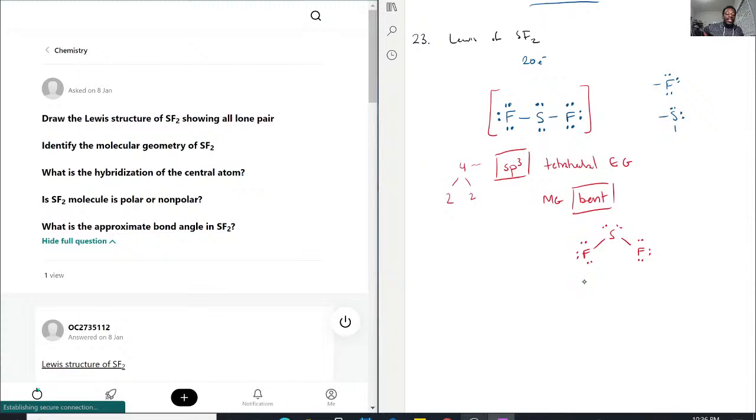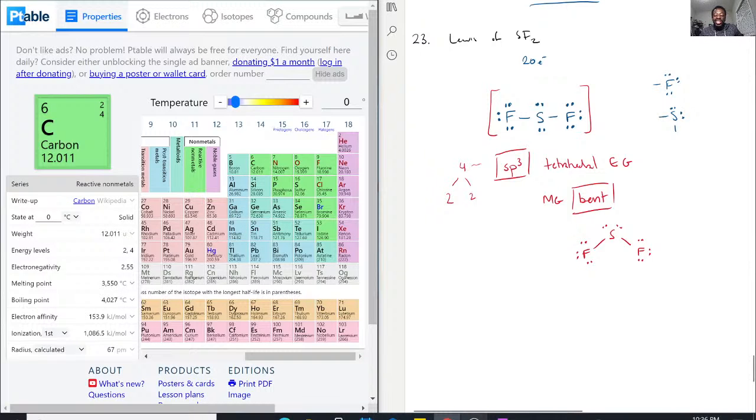And now it's asking us if the molecule is polar or nonpolar. For this, we actually have to refer to the periodic table and look at the electronegativity difference. The reason why is because it's not just a linear interaction. As you can see, the fluorines are now pulling unevenly on the sulfur. So we need to know the electronegativity difference to see if the pulling force is actually something considerable to add.